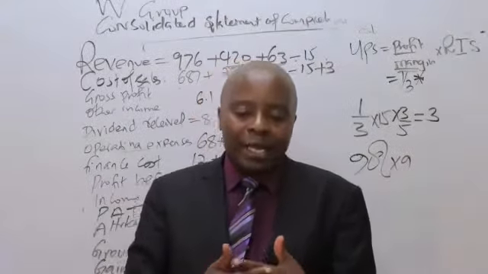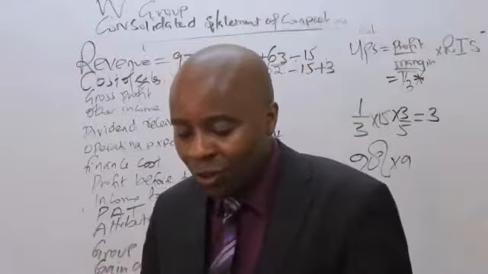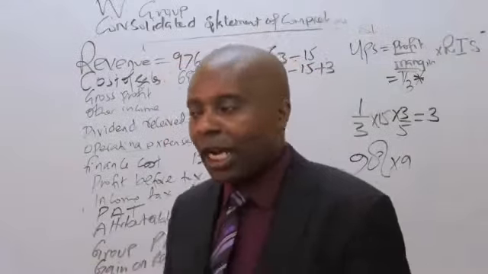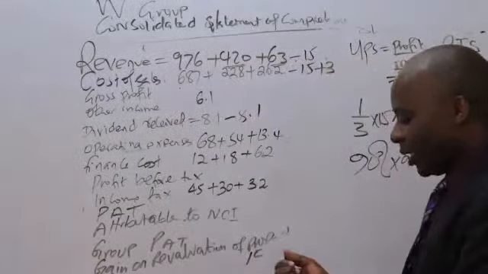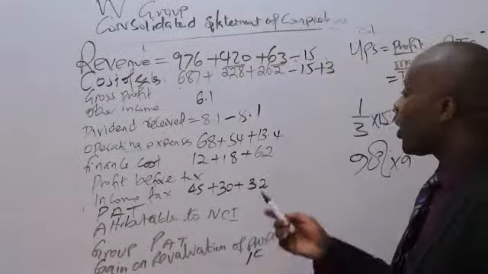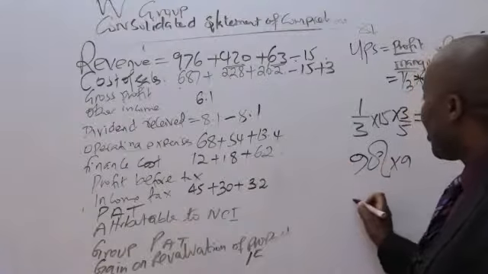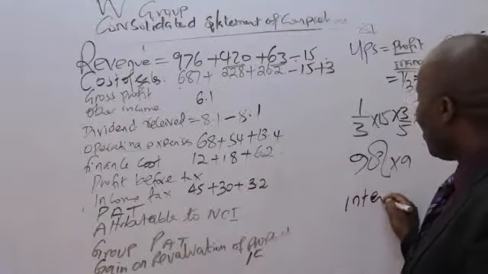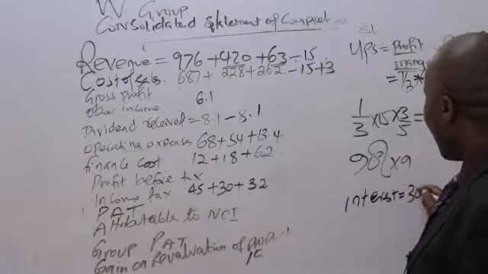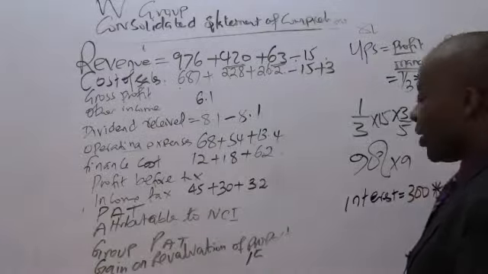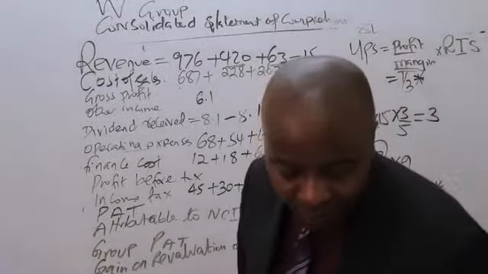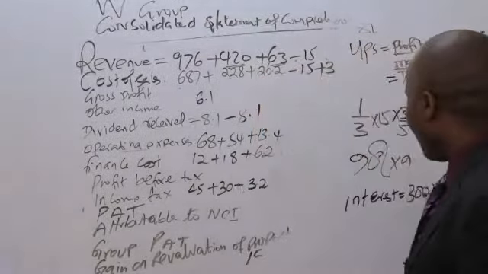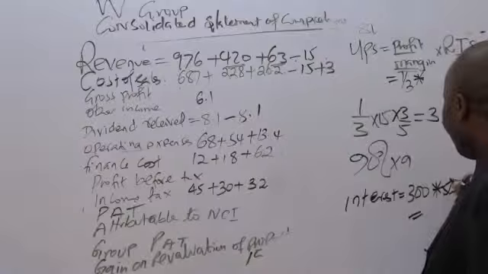Could you kindly give me the interest payable there? The interest payable is on 300 million, and the percentage is 5%, isn't it? Already people have given me 15. Thank you very much. 15 million.